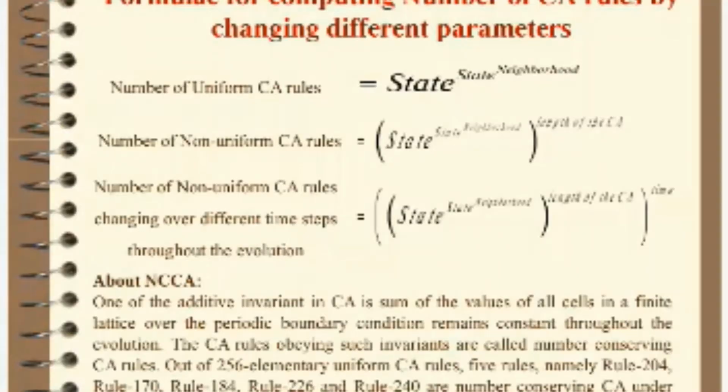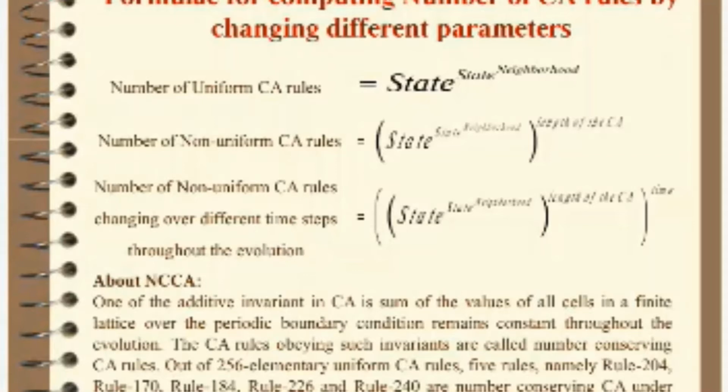Then next, there is a particular type of CA which is called number conserving cellular automata, and this is one additive invariant of CA. What is its meaning? The meaning is that the number of ones in each step or in each evolution remains the same.